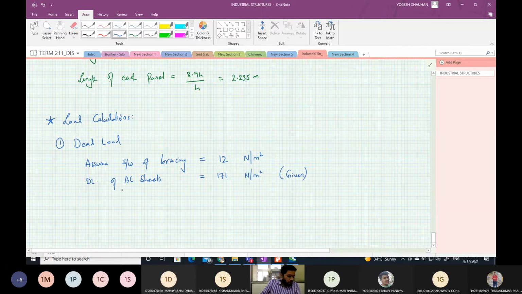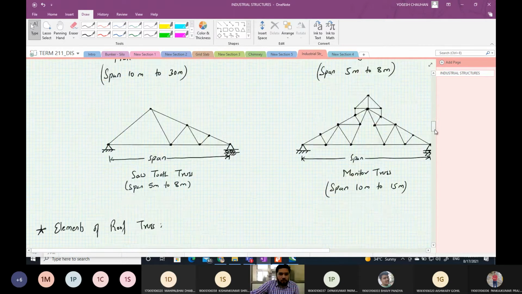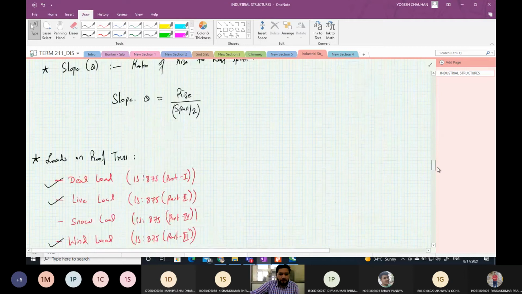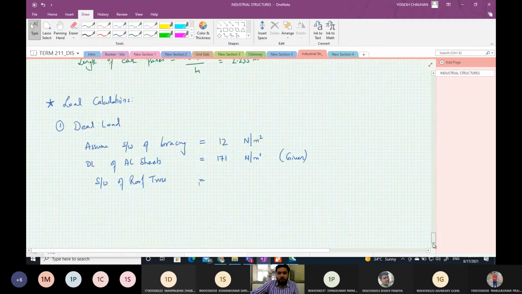Then assume self weight of truss by the formula which we have studied in theory class, that is span length plus 5, the whole multiplied by 10 Newton per meter square.